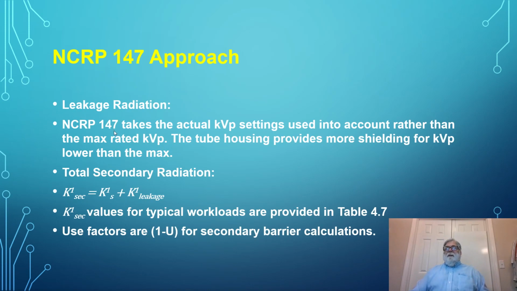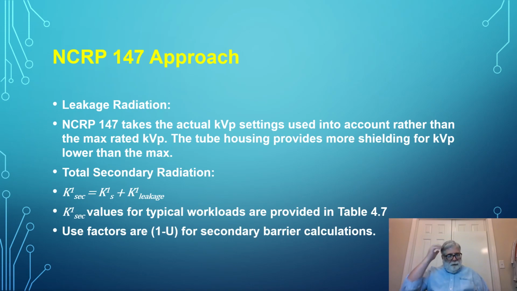Leakage radiation is similar to NCRP 49, except that NCRP 49, as I told you before, assumes the maximum leakage because they assume it's operating at the highest voltage. In NCRP 147, they take a more realistic look.